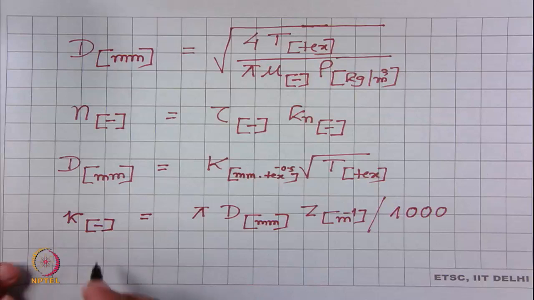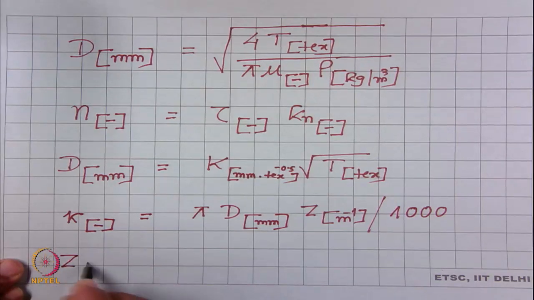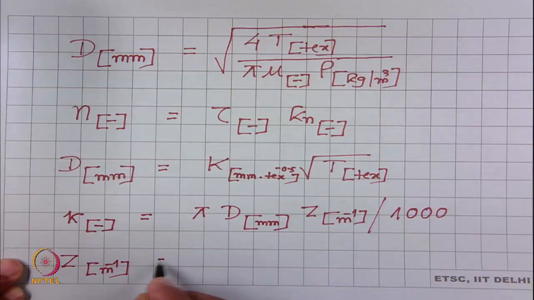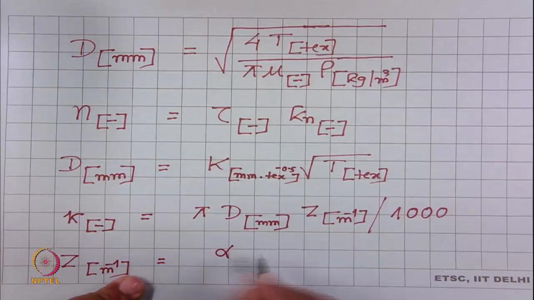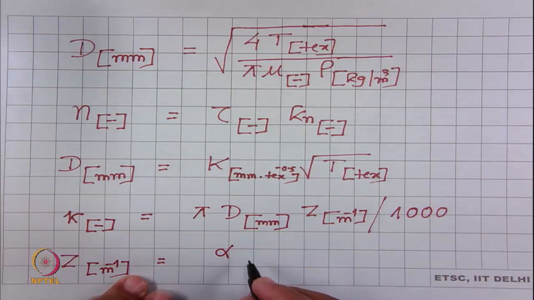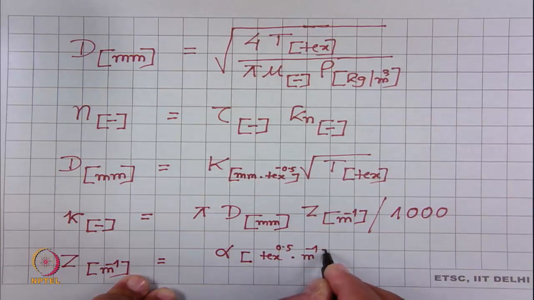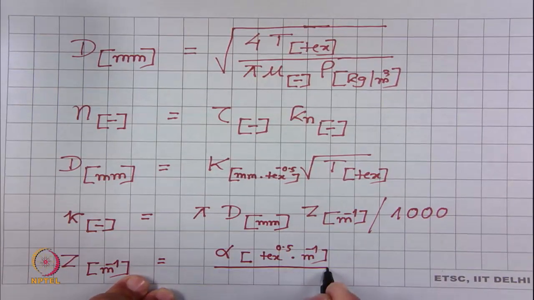So, twist of yarn Z, let us assume its unit is this alpha, alpha unit will be into meter inverse divided by root over T tex.